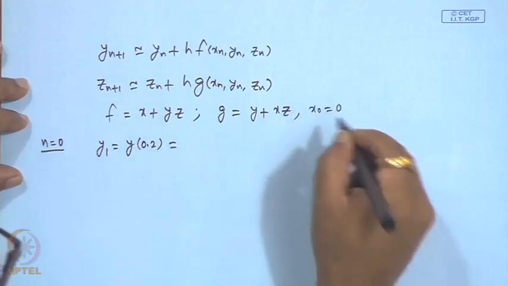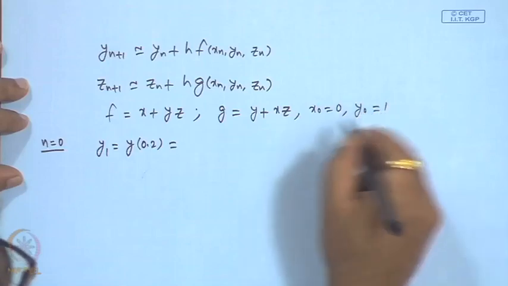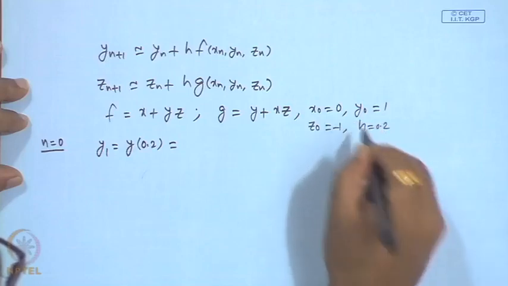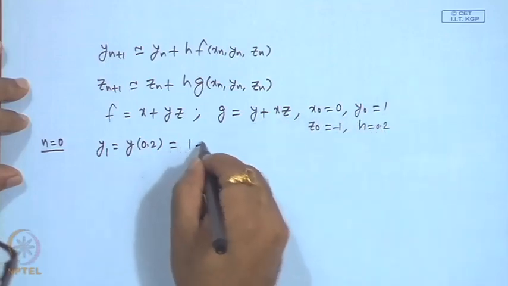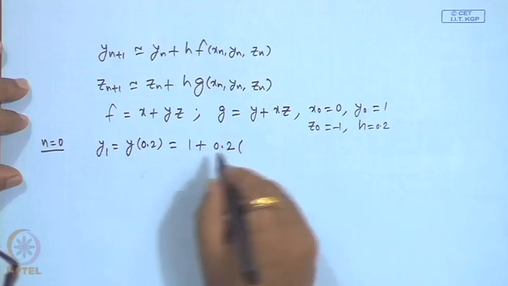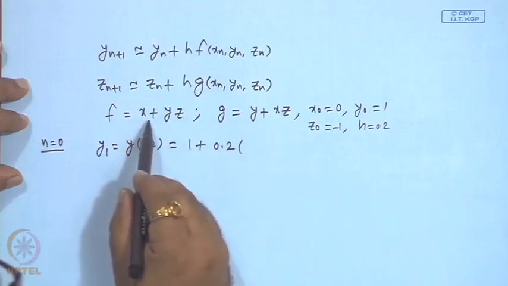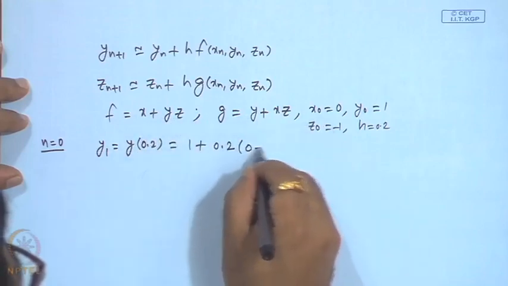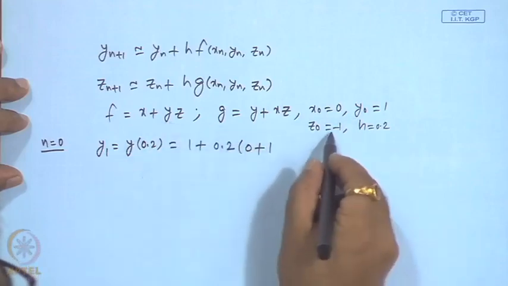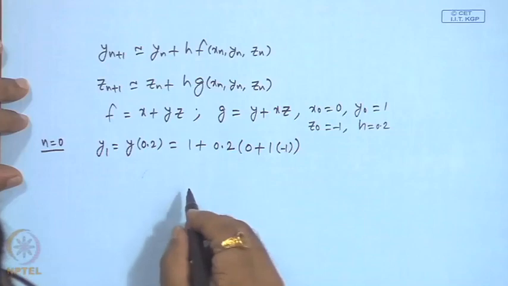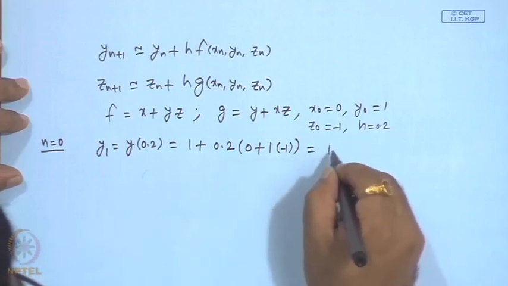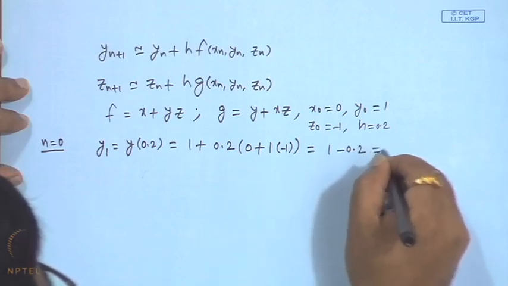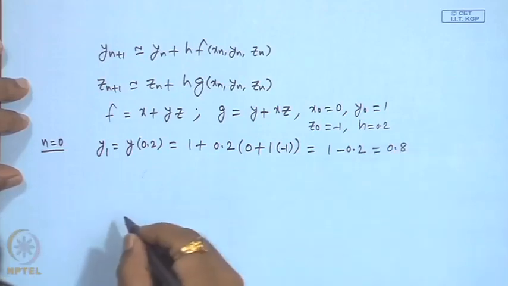X 0 is 0, y 0 is 1, z 0 is minus 1, h is 0.2. So, that is 1 minus 0.2, this is 0.8.